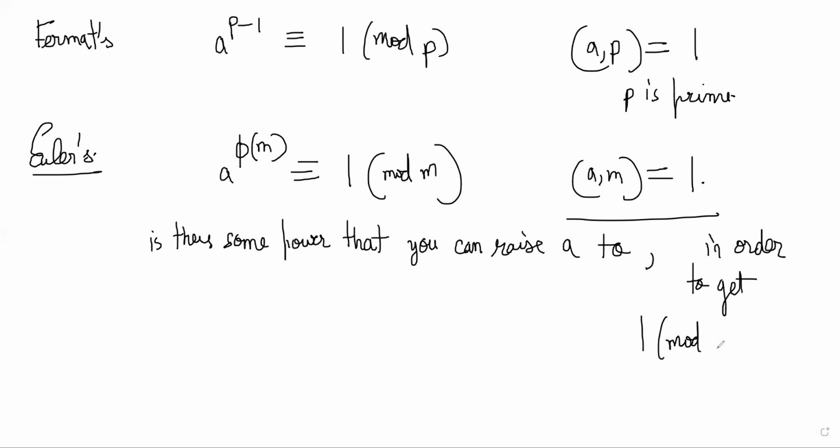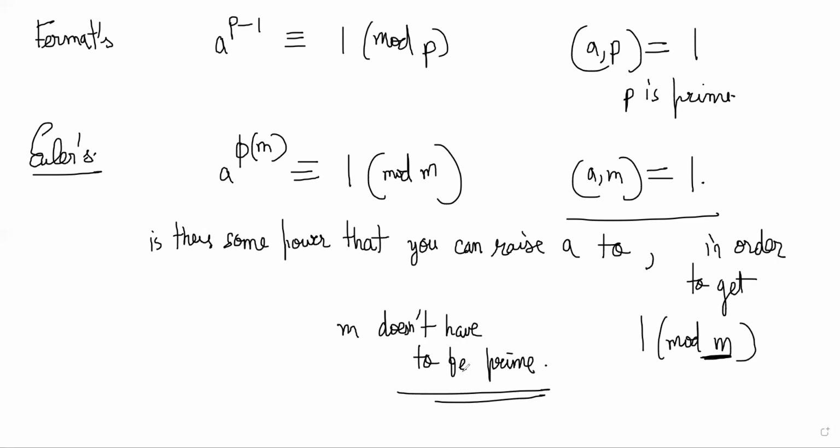And M is no longer a prime here. M doesn't have to be a prime. So you can easily see that this Euler's theorem is a much more general case. Right now we got 7 power 4 is the number that is 1 mod 10.